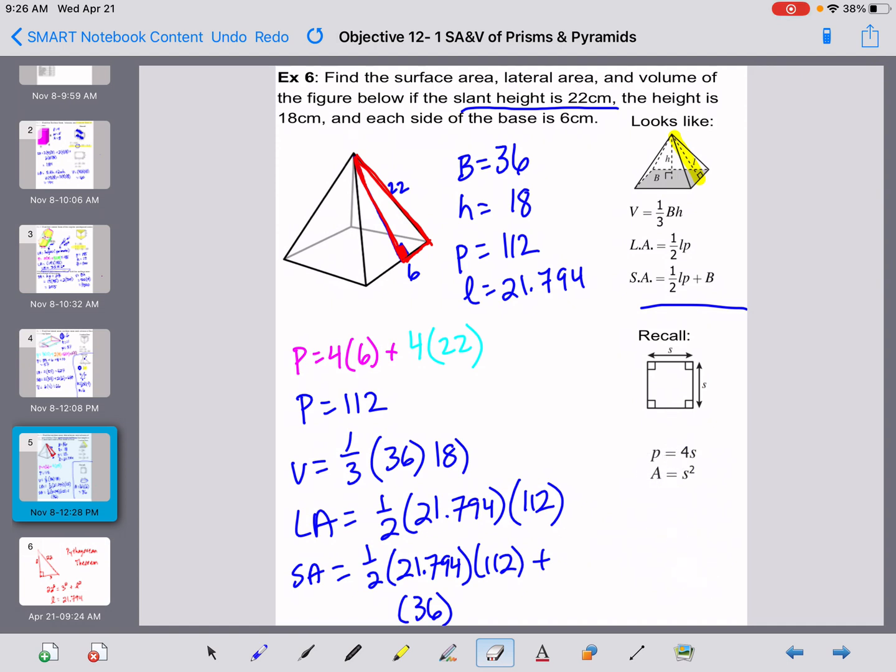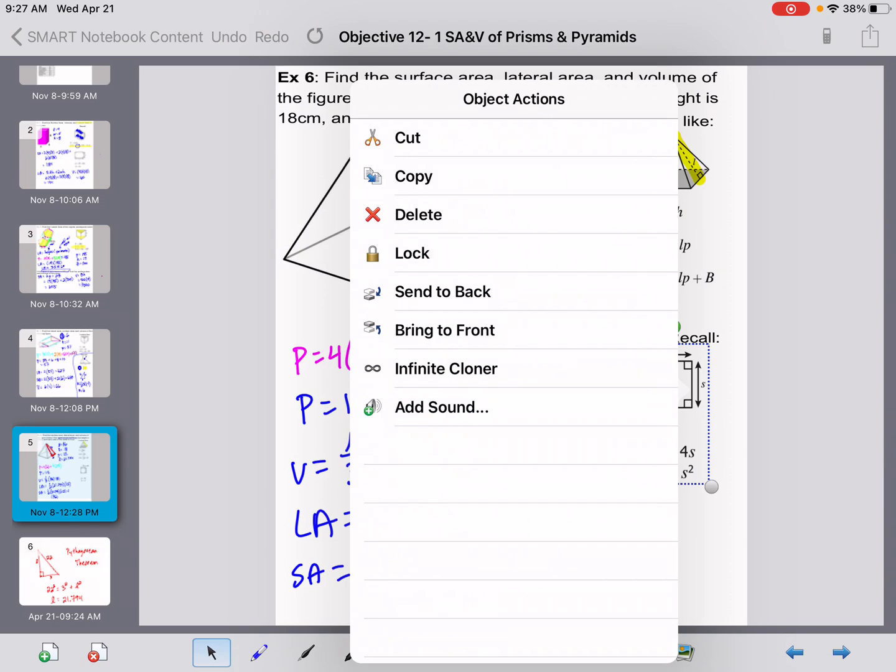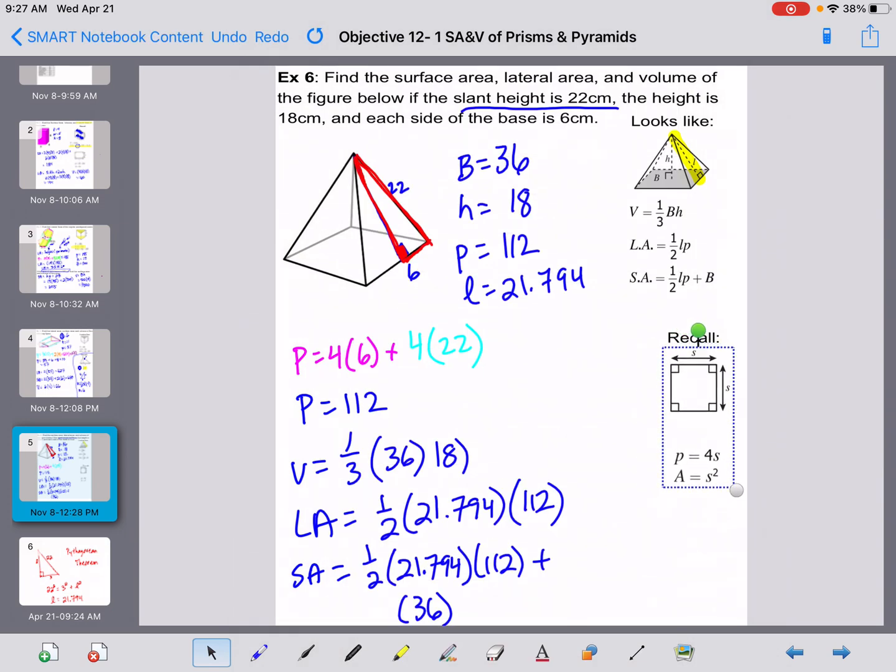Okay. I'm going to erase some of this just so that we can see it. Actually, I need to put that back though. I want to move it over. Alright.